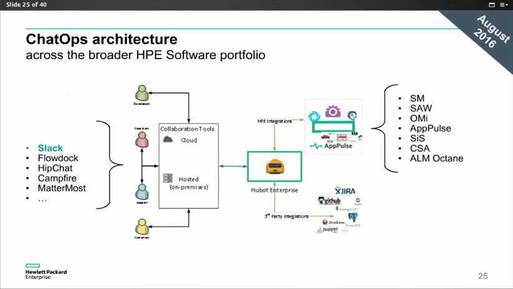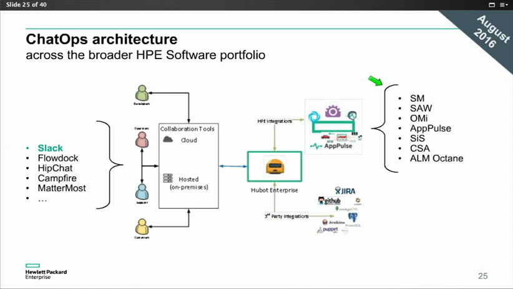So here's the architecture. There's lots of ChatOps tools. We've chosen to build out this capability targeting Slack, but that was just a choice. It could have been done with any of these other ones. And it's all done through a Hubot robot. Also, this is not just a Service Anywhere initiative.